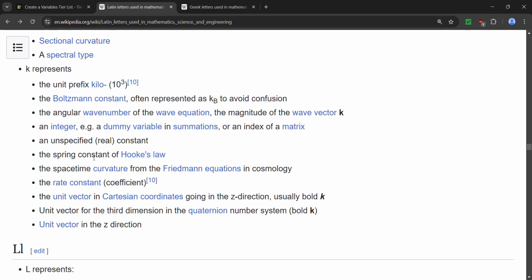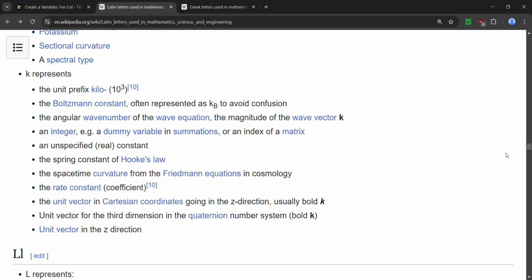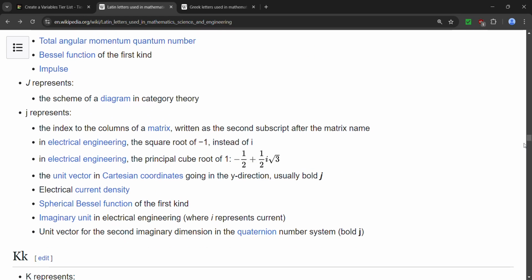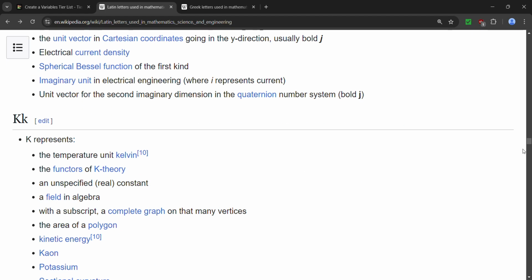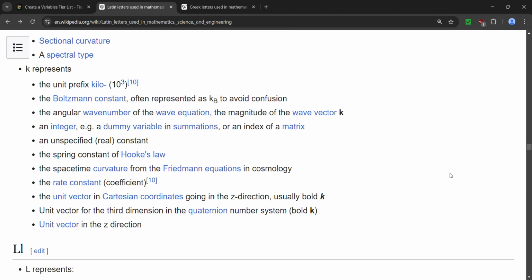Spring constant. Yeah. Okay. The unit, I don't know how I feel about giving it the unit vector. I guess both I and J also had the unit vector, and I didn't even mention those.